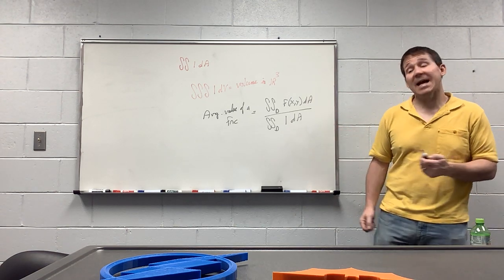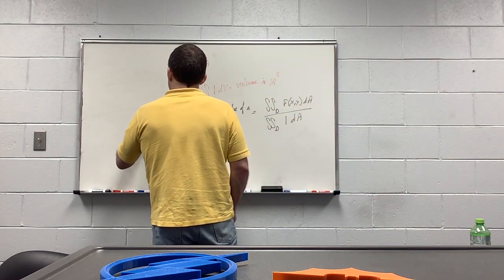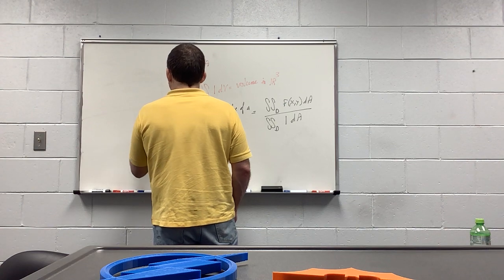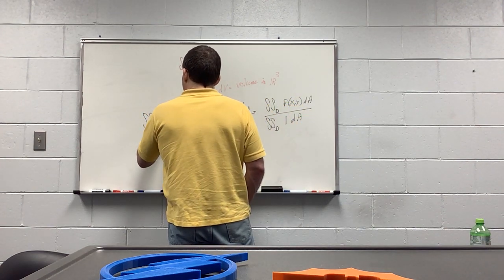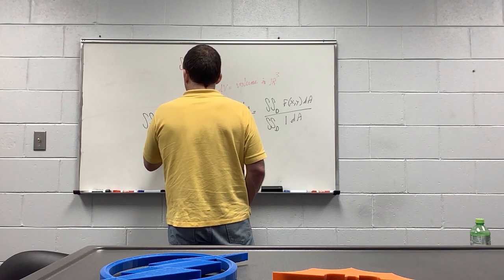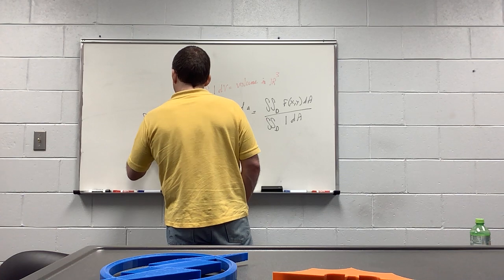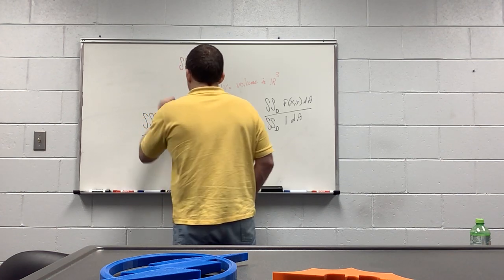But I can do the exact same thing here. The average value of a function is the triple integral of f of x, y, z dV, and we have to use the general form because I don't know my region, over the volume of the region I'm integrating over, the triple integral of 1 dV.